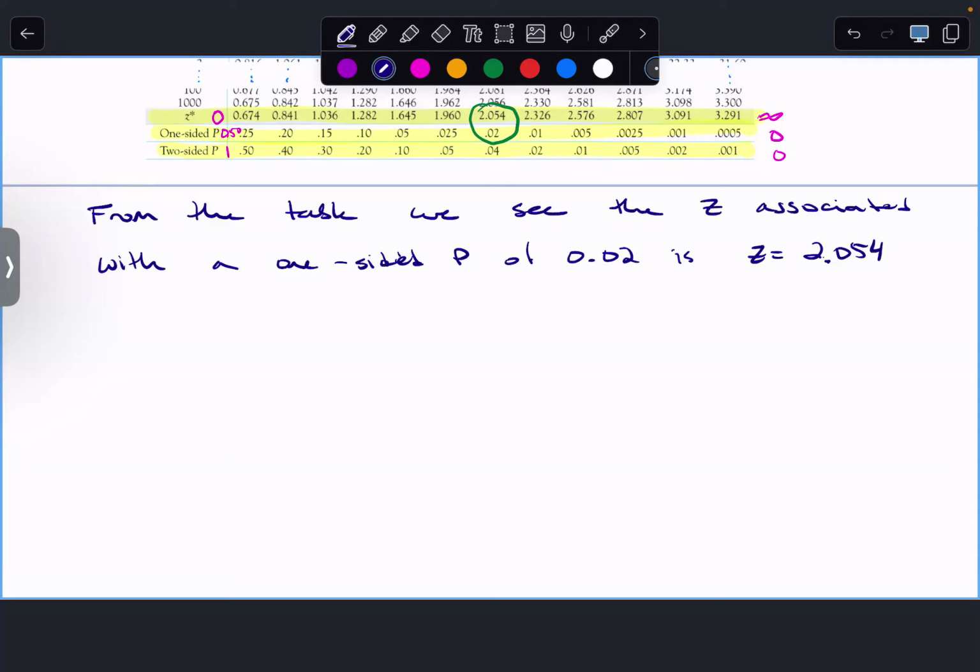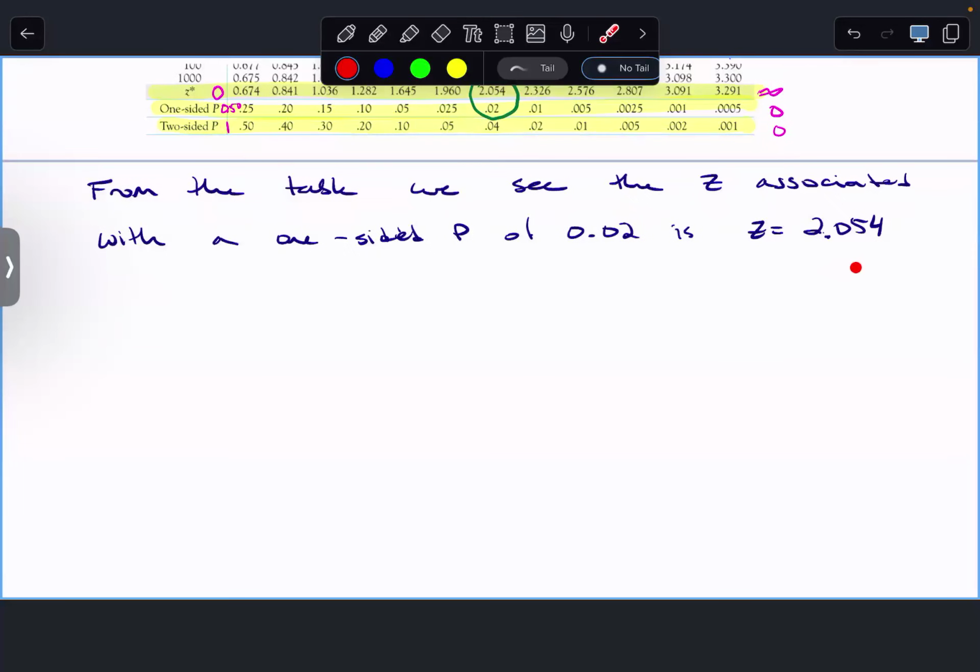This is what I would expect to see you write on a test. The shorthand for that is more complicated than it needs to be, so I'm skipping it. I just write it out in words, but I do want to hear where you got this 2.054 from.